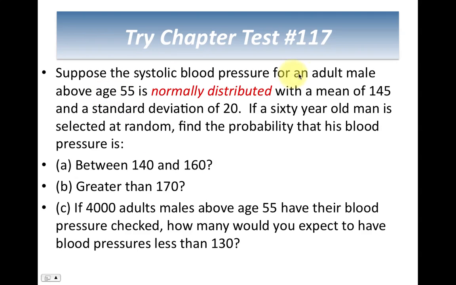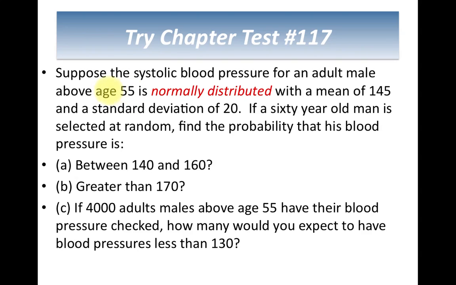notice that the use of the ages for the men, adult males above age 55, this number 55 does not come into play in this problem. The fact that it's provided to you here may throw you, but it's simply a way of preparing the study at hand.